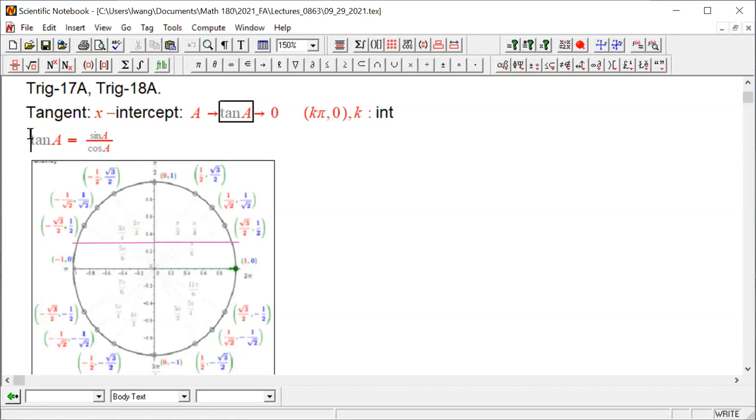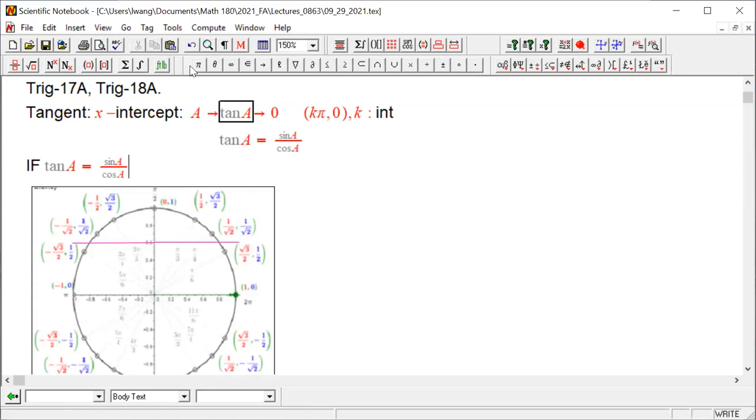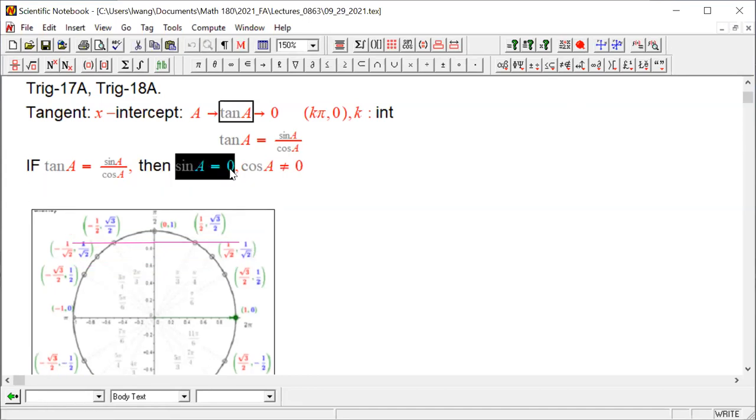So when output is equal to 0, if tangent is 0, that means sine A is 0, cosine A is not 0. So what was sine A equals 0? And that is the same as finding the x-intercept, isn't it?